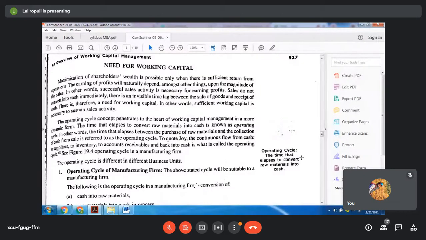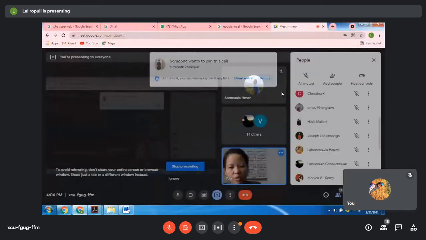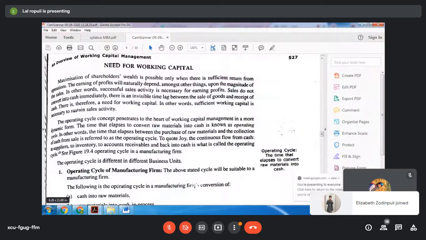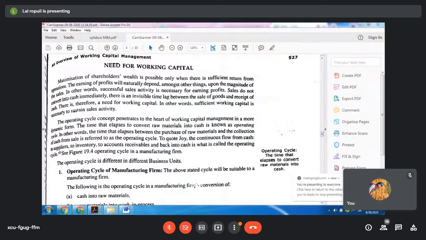Then after sales also, if you sell your products on credit, then it takes some time to realize the cash back from the buyers, right? Those are the processes. So there is a time lag between sales and realization of cash. There are some processes involved.